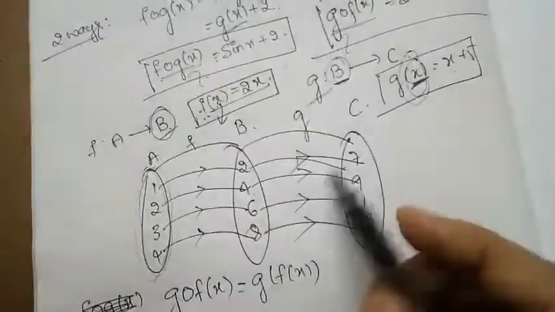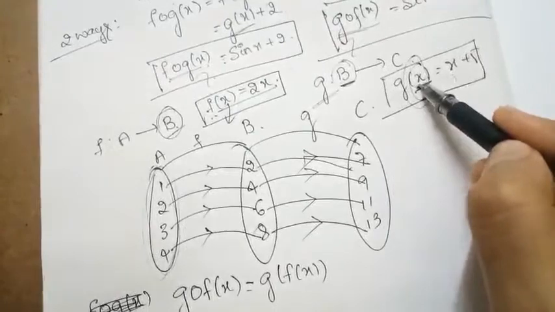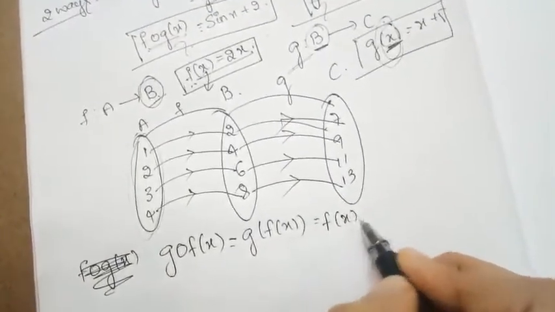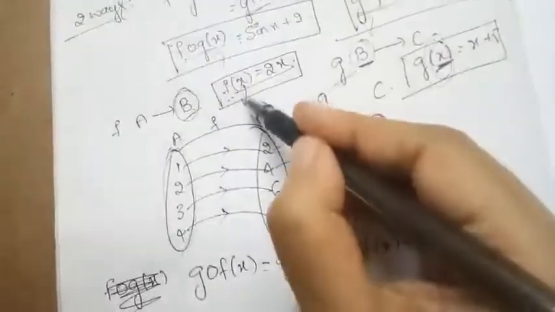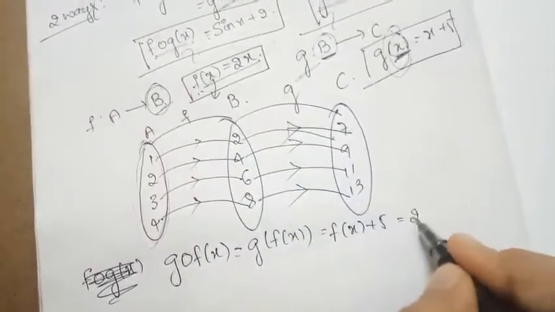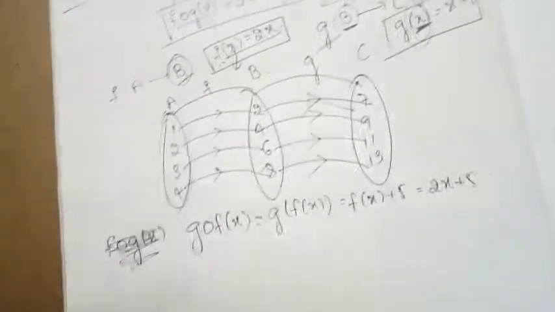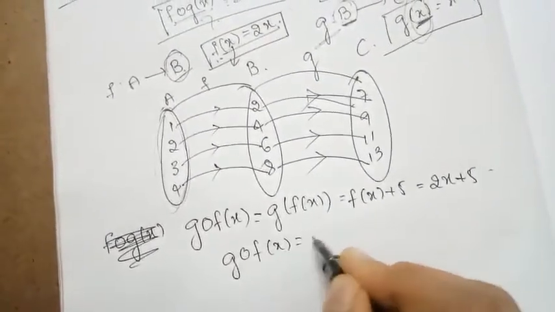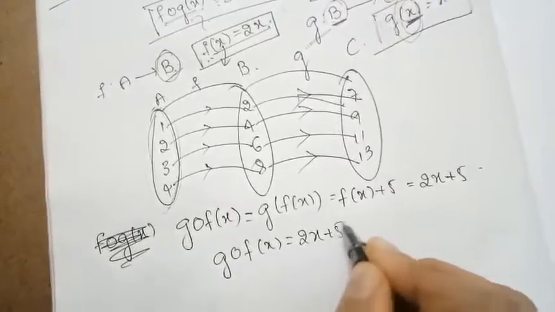So what is g of x? x plus 5. So g of f of x means f of x plus 5. So what is f of x here? f of x is nothing but 2x plus 5. So clearly the GOF function, g of f of x, is equal to 2x plus 5.